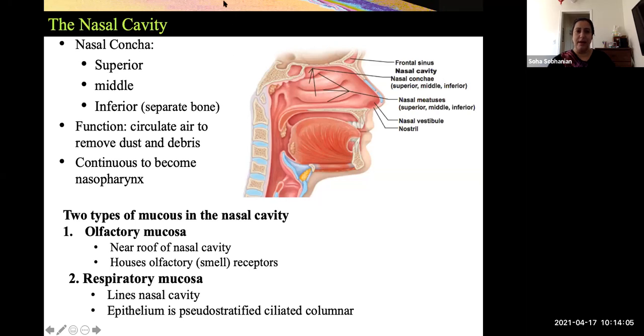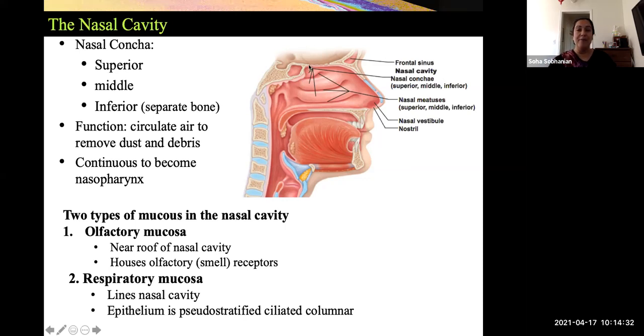Now, a couple of other pieces of information regarding your nasal cavity. We have 2 mucosal linings, depending on what part of the nasal cavity you're looking at. If you're looking closer to the roof of your nasal cavity, which is up here, this is close to your ethmoid bone. If you remember, you had the olfactory foramina, the little holes associated with your sense of smell.